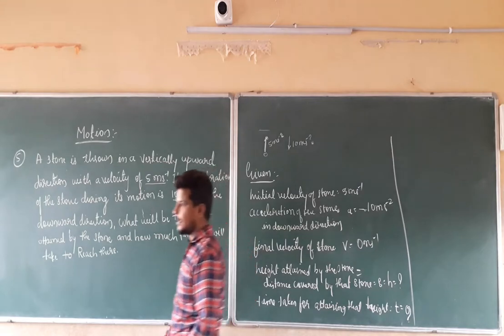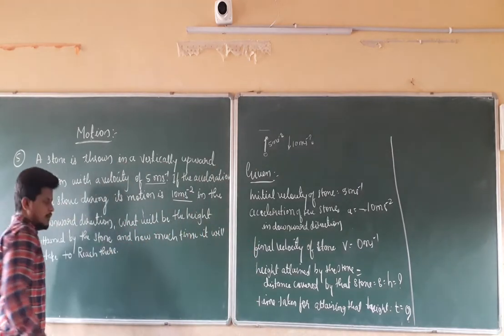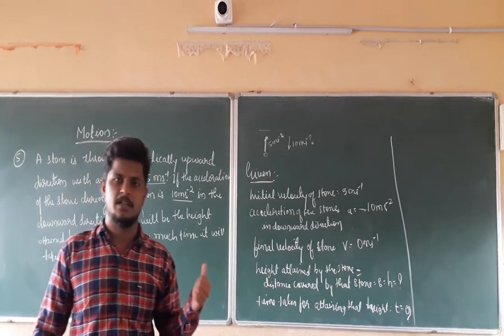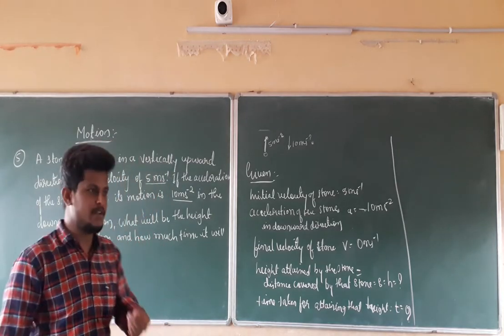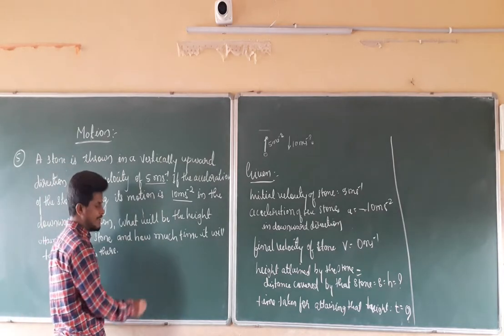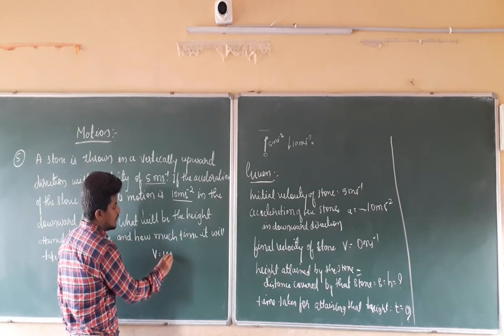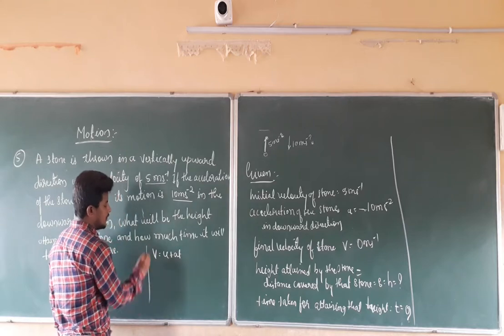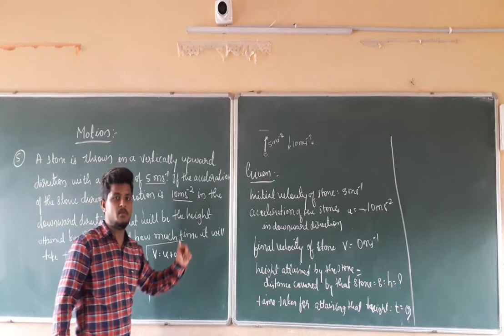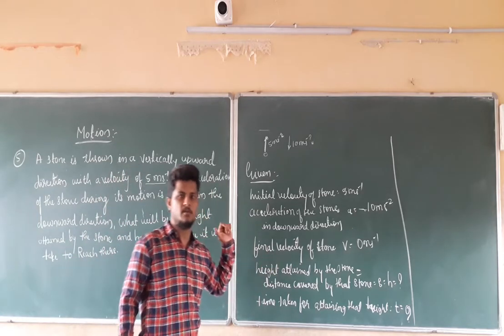Now we are going to consider the different equations. We already discussed the three equations of motion. The first is V equal to U plus AT. Don't write these things, I'm just telling you which equation to take to solve this problem.